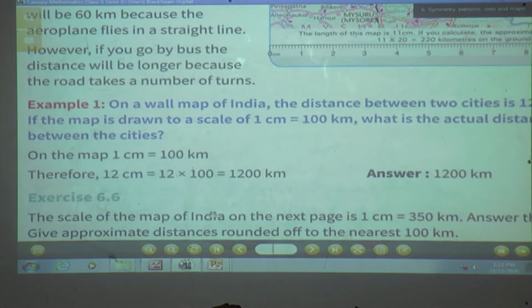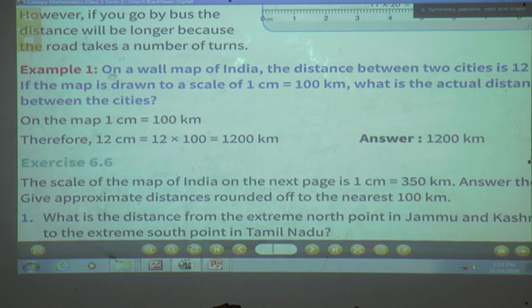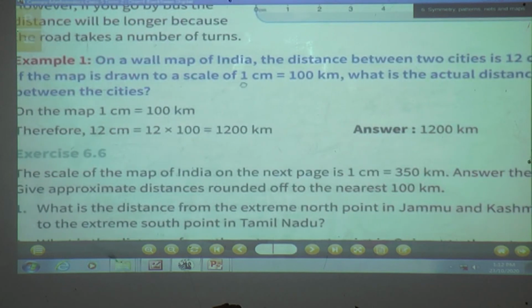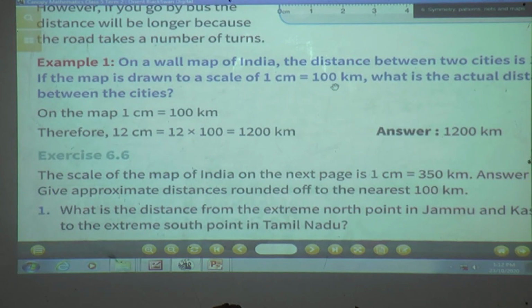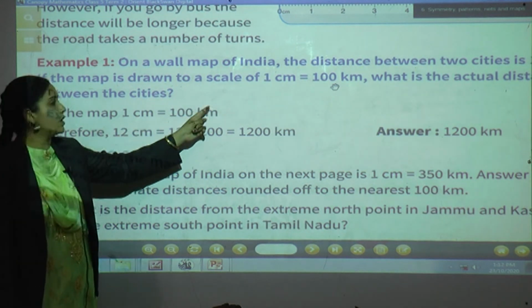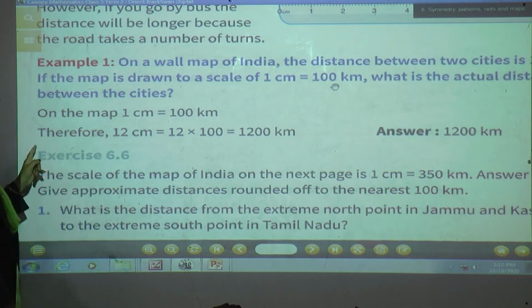Here is an example. On a wall map of India, the distance between two cities is 12 centimeters. If the map is drawn to a scale of 1 centimeter is equal to 100 kilometers, what is the actual distance between the cities? Here the scale is, on the map 1 centimeter is equal to 100 kilometers.